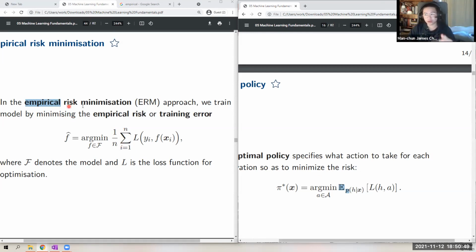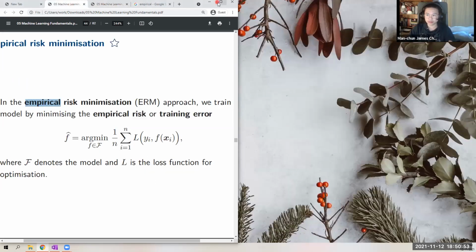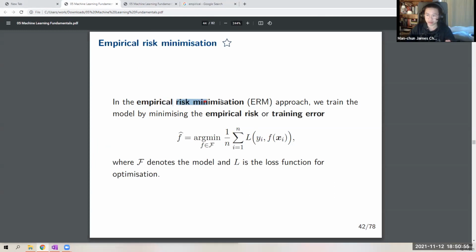You're minimizing the risk, but it's the empirical risk because it's based on the data set. So whenever you hear empirical mean, empirical something, all that means is that the theoretical mean is when you have an infinite number of data points, but the empirical mean is just on the data set.